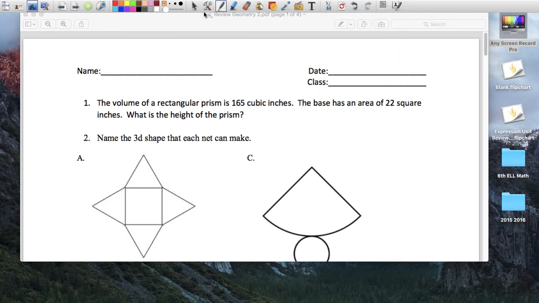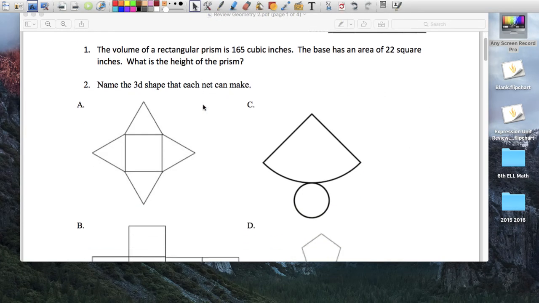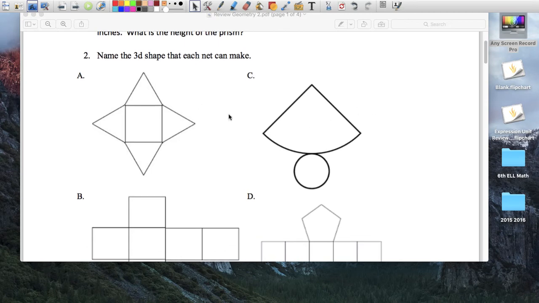Name the 3D shape that each net can make. So imagine that I fold this, and I bring this way, it's going to fold inwards, right?